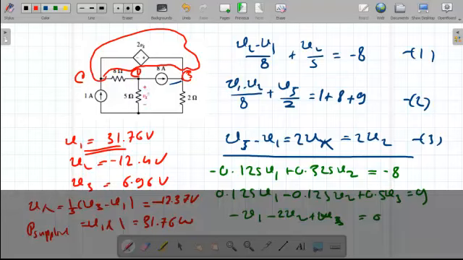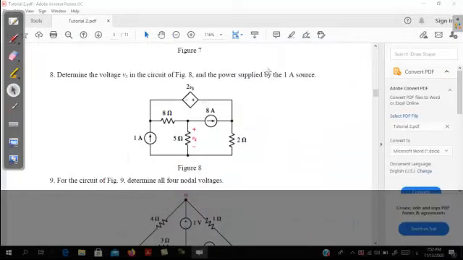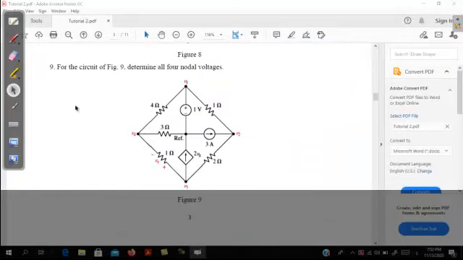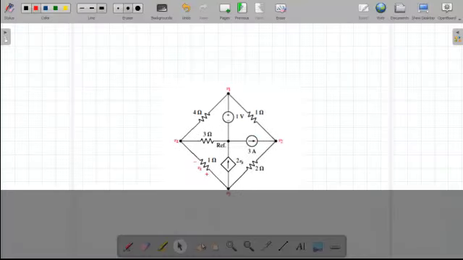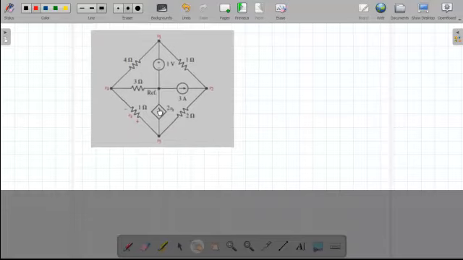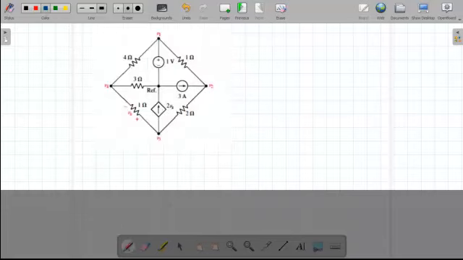Last problem in nodal analysis, number 9. In number 9, what we have to find is all 4 node voltages.